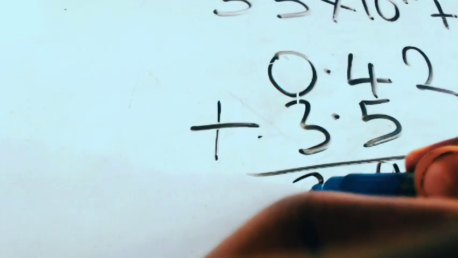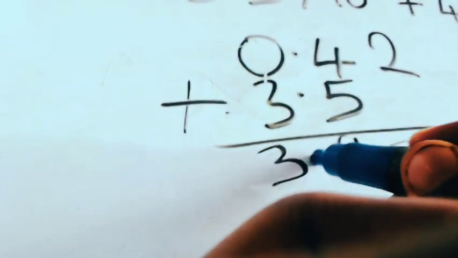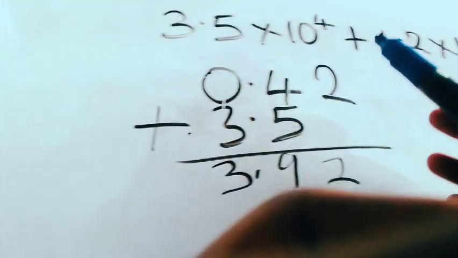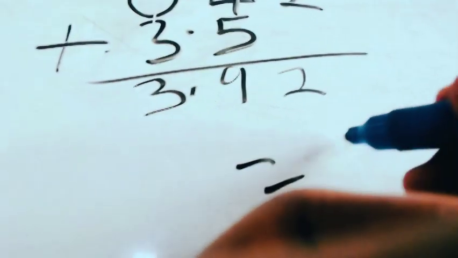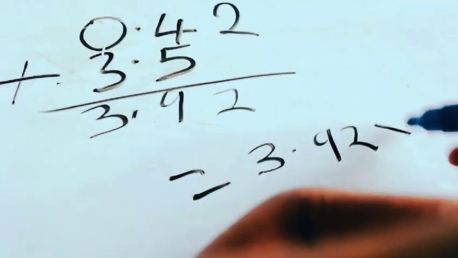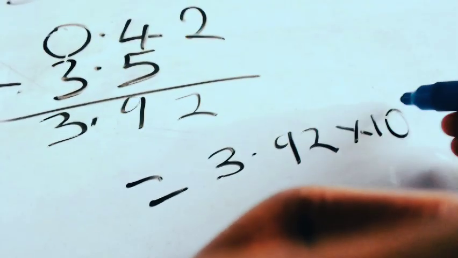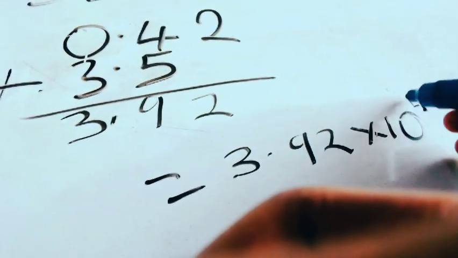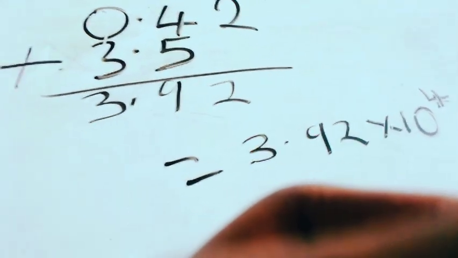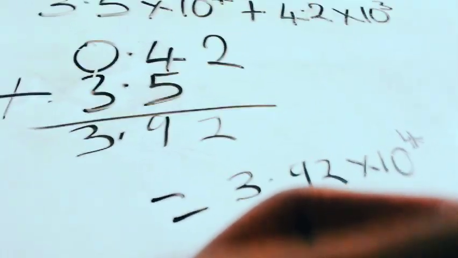And this is 3. This becomes 3.92. So having added the decimals, I can now put the power of 10 raised to the power 4. So my final answer will become 3.92 times 10 raised to the power 4. This is the final answer. Remember to always change the powers to be equal before you add or subtract.